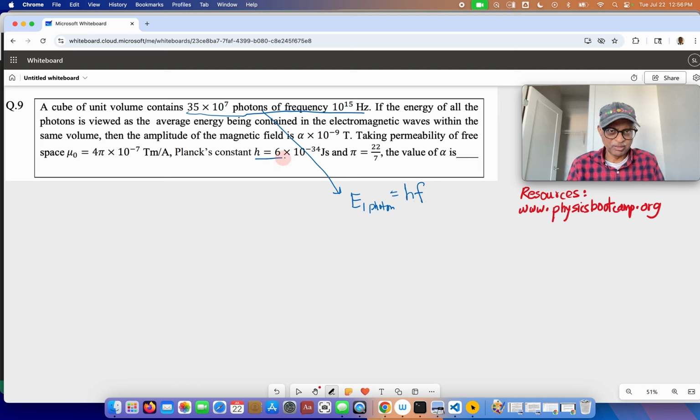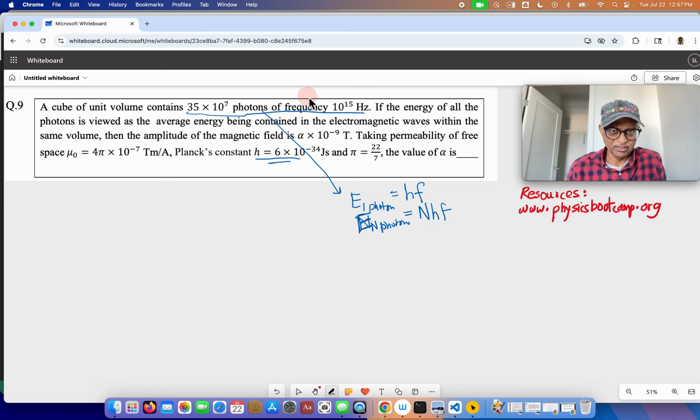And they give you the Planck constant. So if I have n photons, then I'll have n times hf. And this is the energy of the n photons.